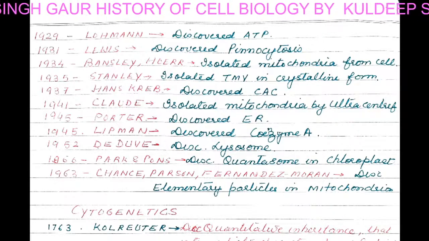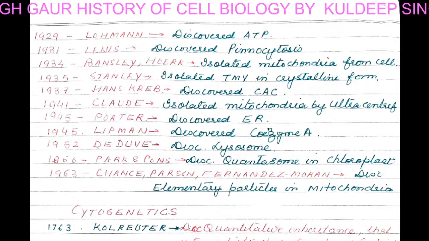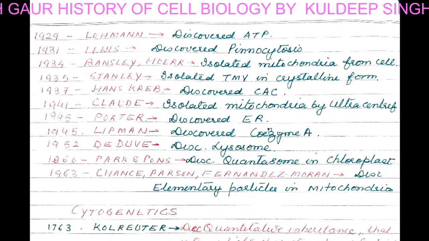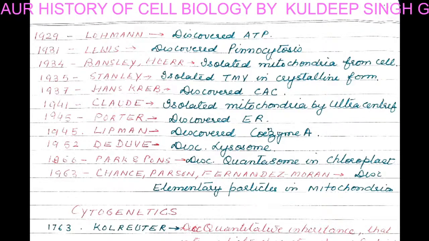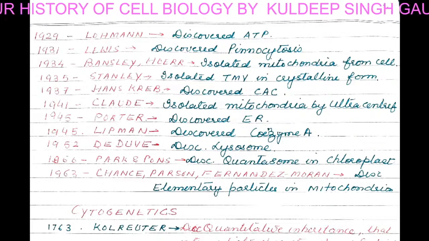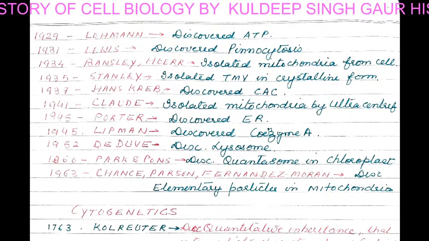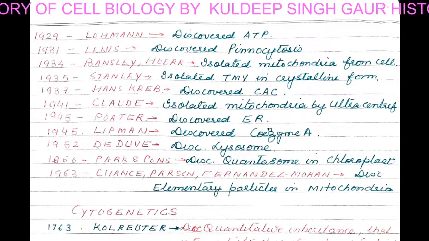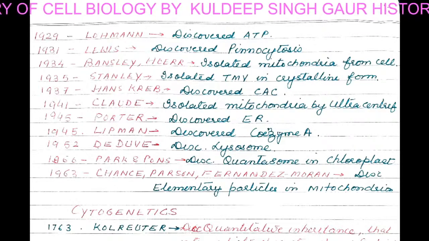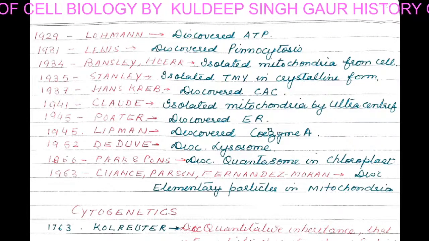1937, Krebs discovered Krebs cycle, which is also called citric acid cycle. In 1941, Claude isolated mitochondria by ultracentrifugation. 1945, Porter discovered endoplasmic reticulum, a very important organelle of the cell.